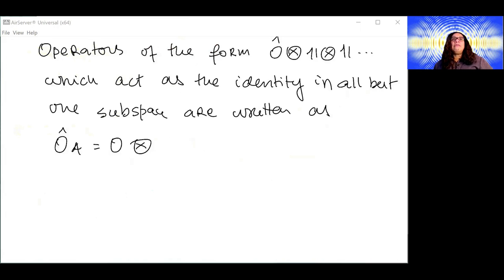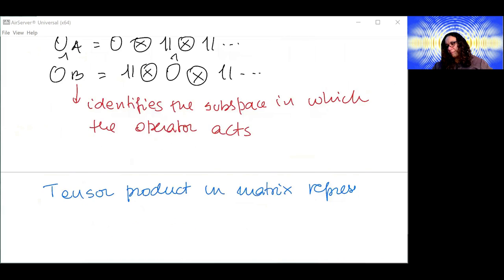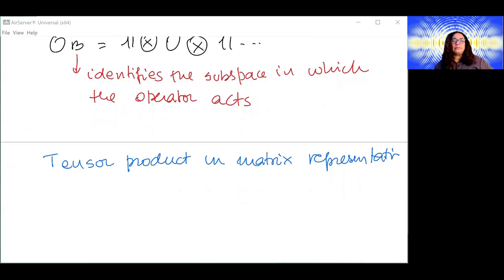Now, we need to consider also matrix representation because we use this a lot. So we need to understand how the tensor product is going to work in this case. So I'm going to go quickly.